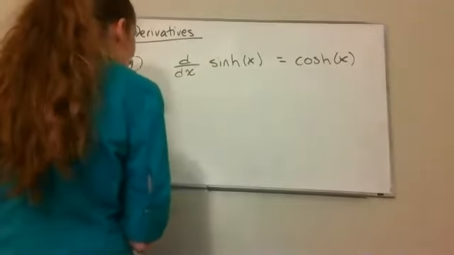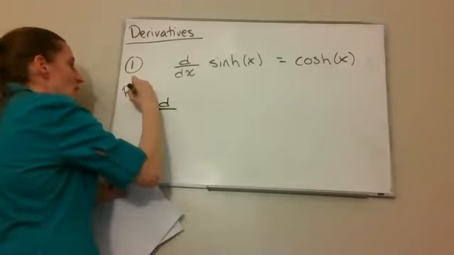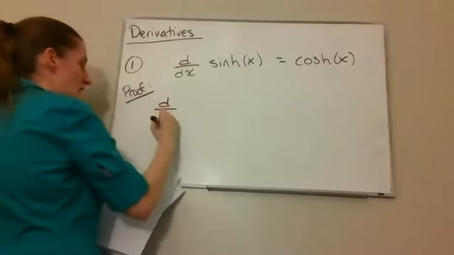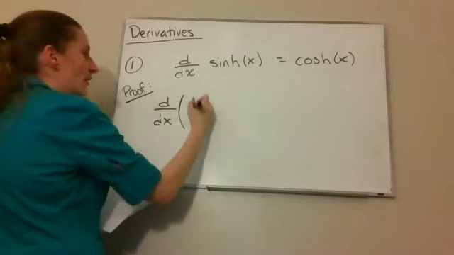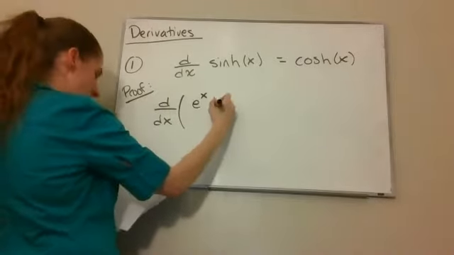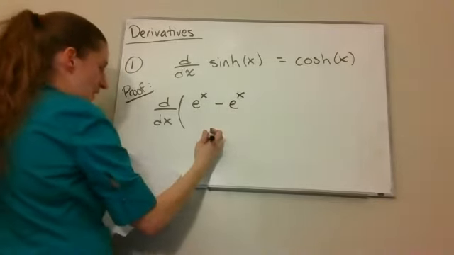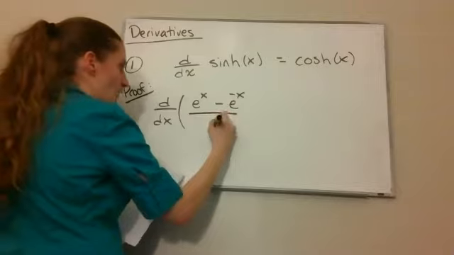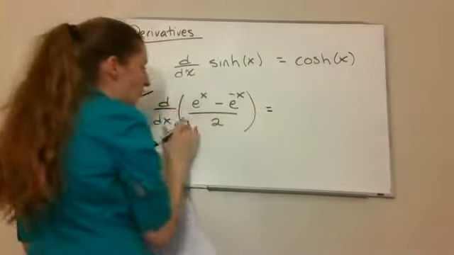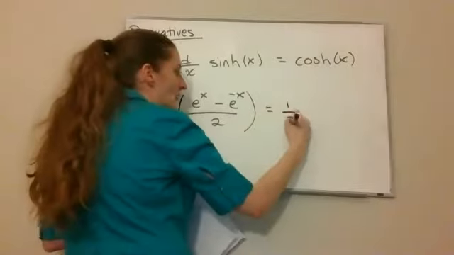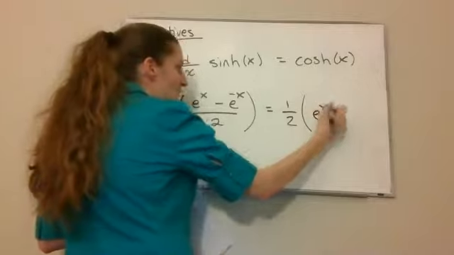Now we know that to calculate this, here's my proof. The derivative with respect to x of my hyperbolic sine, well, hyperbolic sine was defined as e to the x minus e to the negative x all over 2. If I take this derivative, I have 1/2 that's multiplied in the front. Derivative of e to the x is itself.